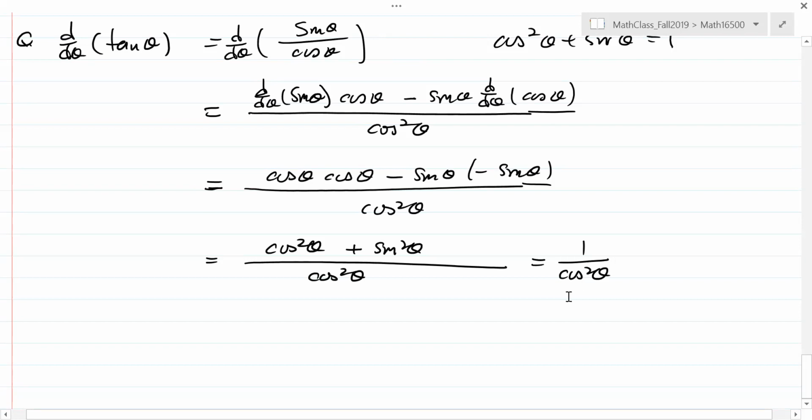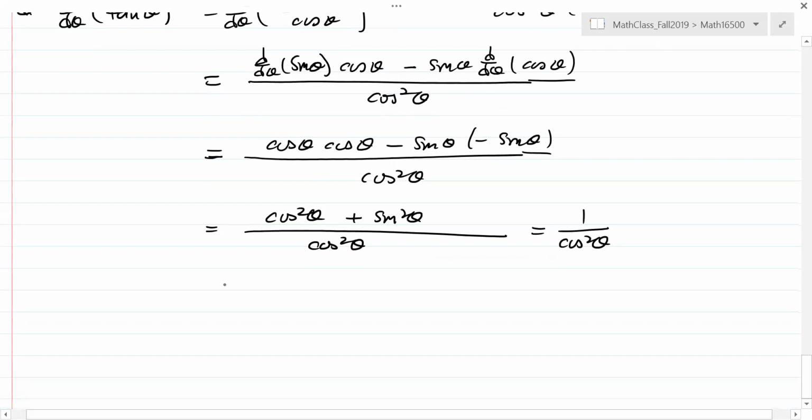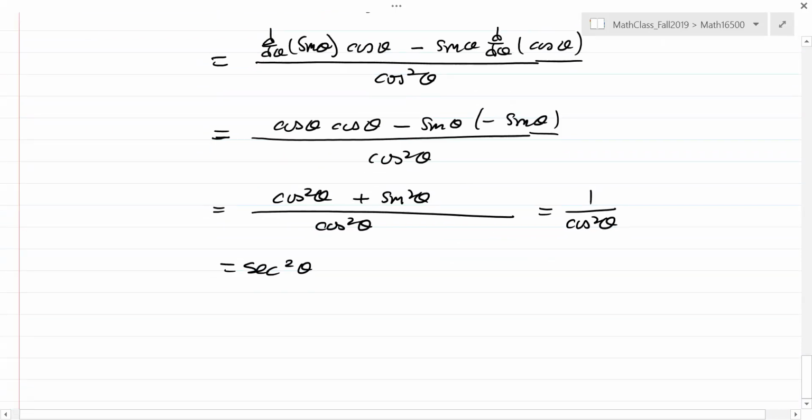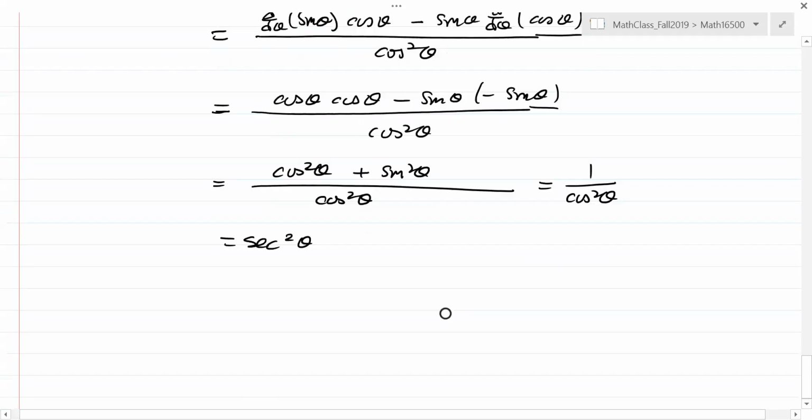But here we have to name it. The 1 over cosine is secant theta, and we give a new name for 1 over cosine theta. It's not necessary, that's my opinion. But since we already have a name there, we just call it secant theta, 1 over cosine.